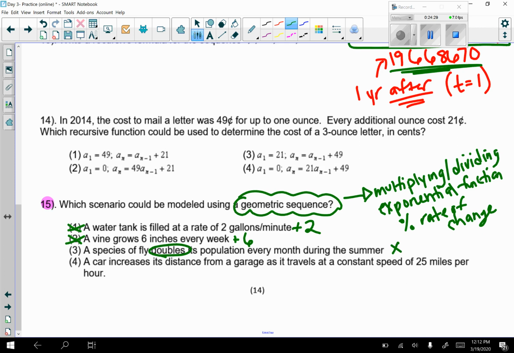That's multiplying by 2, so that looks good. I just want to double check choice 4 always. A car increases its distance from a garage as it travels at a constant speed of 25 miles per hour. So constant rate of change would be arithmetic and linear, and that would be adding 25. So we were correct. It is choice 3.